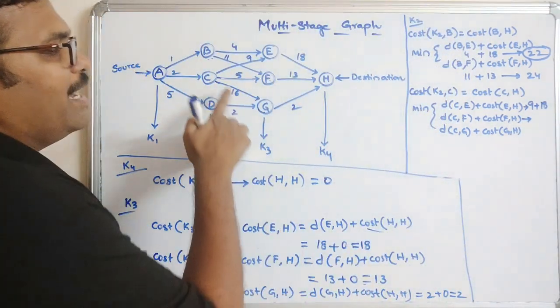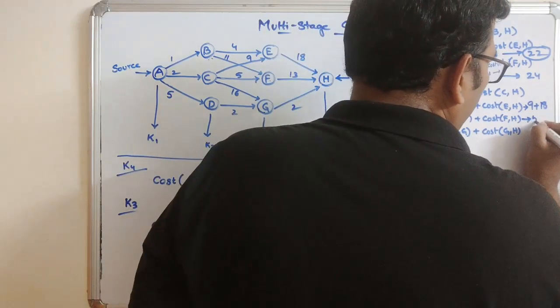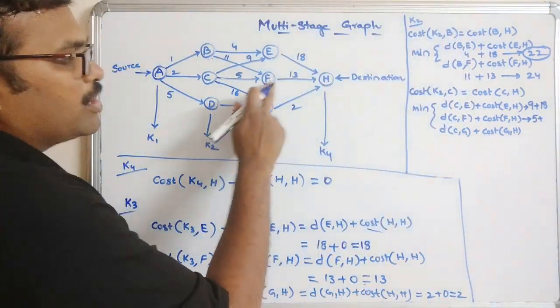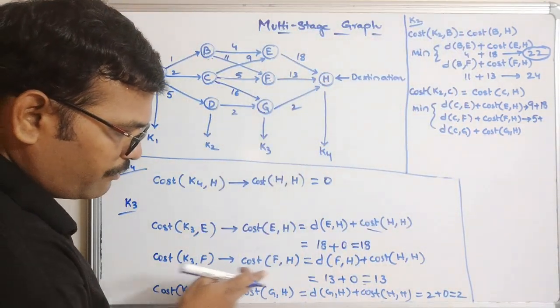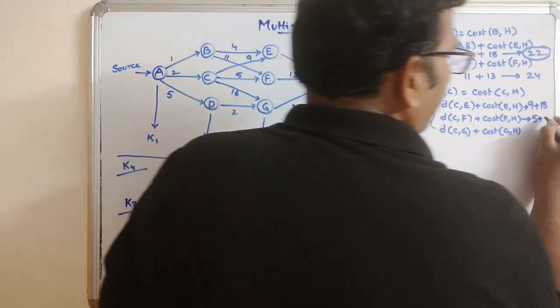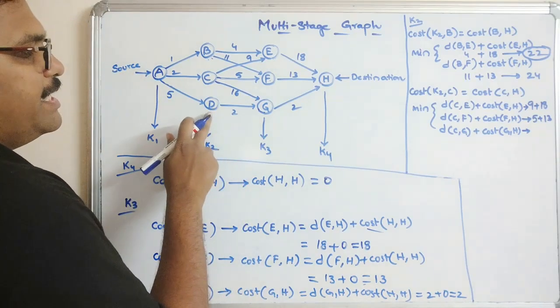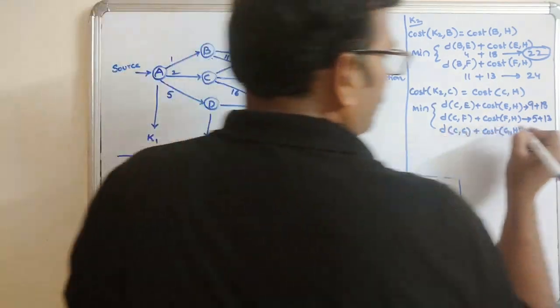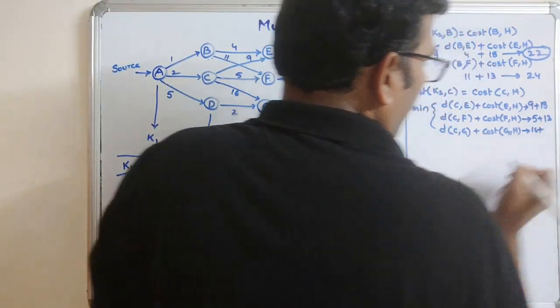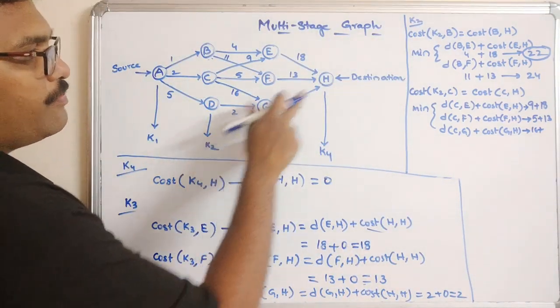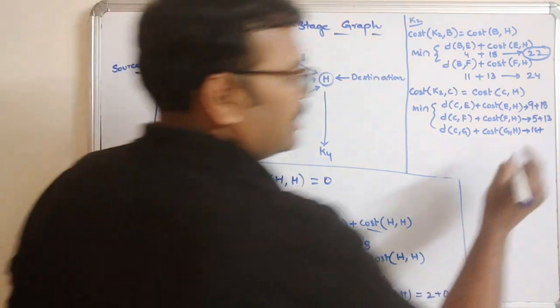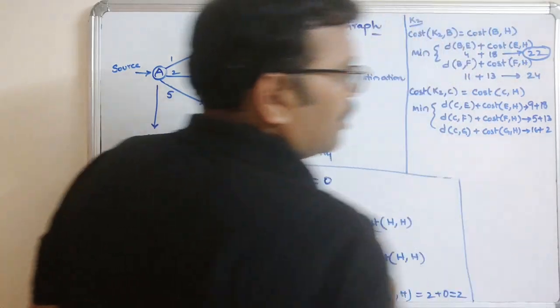And here C and F, it's a 5 plus cost of FH, already calculated, cost of FH, which is 13. Next, D of CG, it's 16 plus cost of GH, it's 2. So how much?